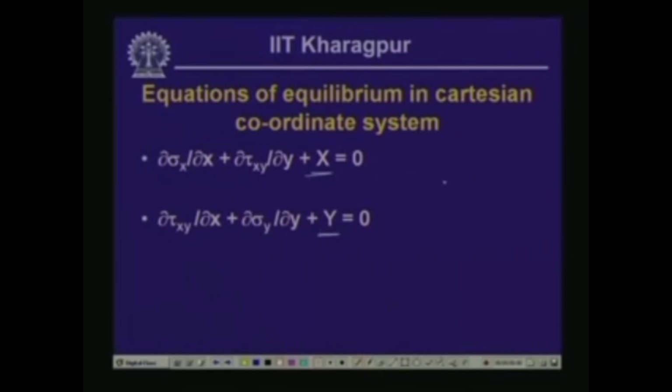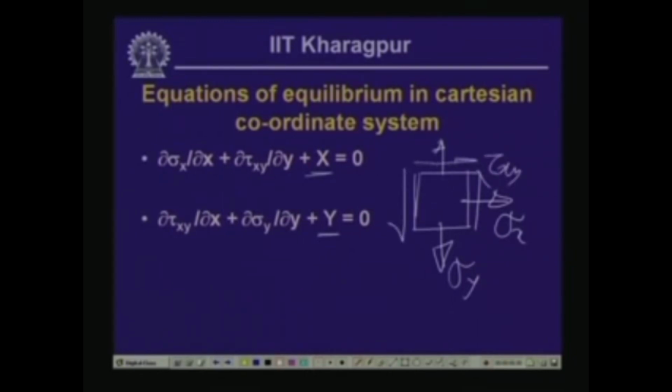As you know, sigma x and sigma y are the normal stresses in the x and y direction, and tau x y is the shearing stress component. So, these two define the equations of equilibrium in a two dimensional system.